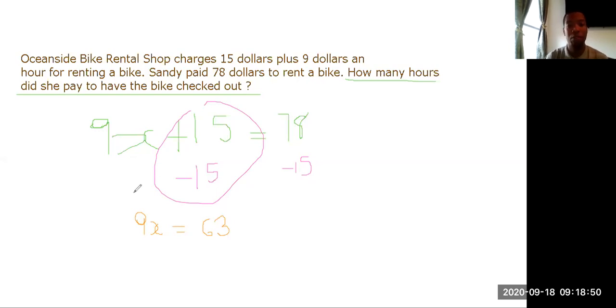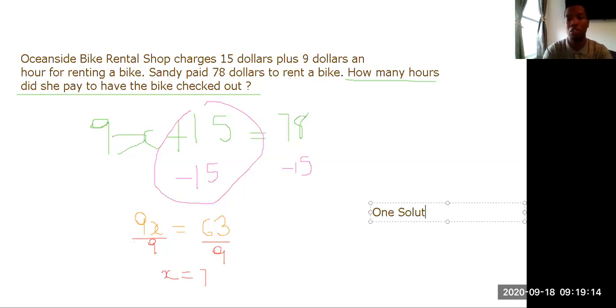And then we have to do the multiplicative inverse. So x is equal to 7. And with this equation, like the other ones we were working out, it's one solution.